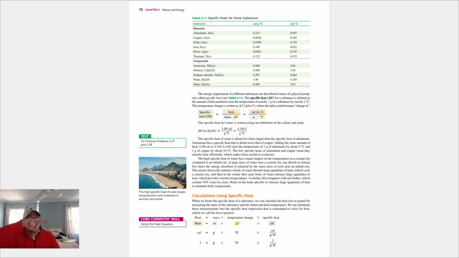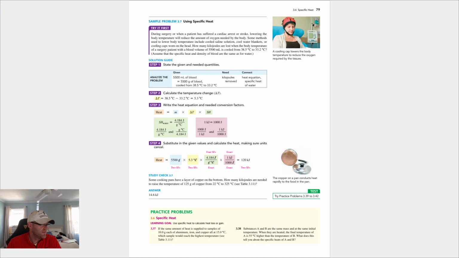So grams per milliliter, all right? That's how I think of setting up my equations, word problems and stuff like that. So specific heat, the amount of energy per 1 gram and 1 degree Celsius. All right. So you'll use that equation.